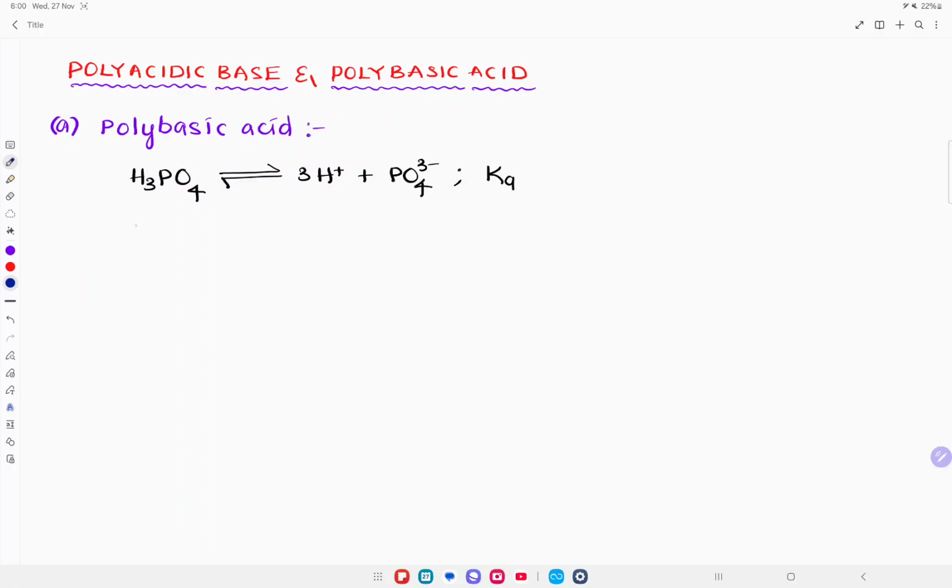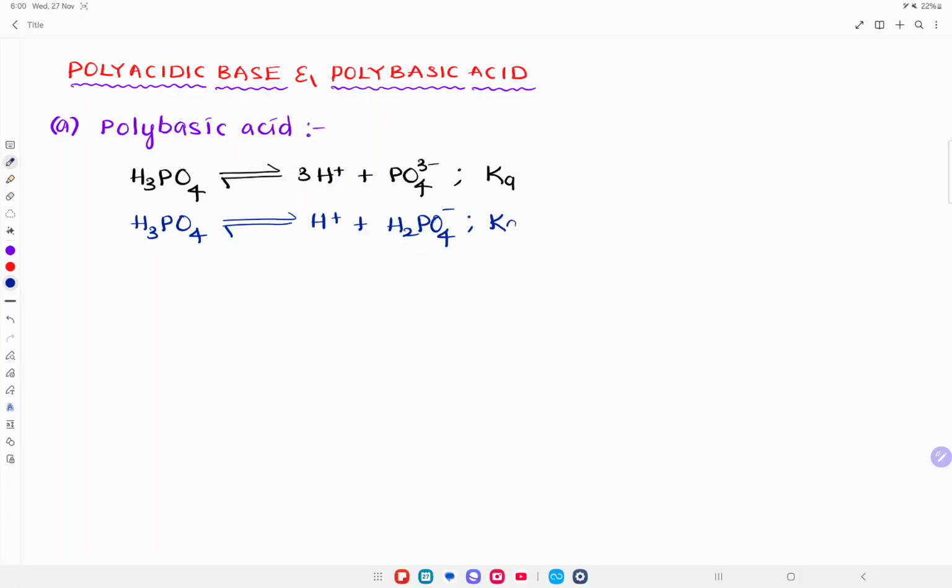So this acid dissociation may take place in different steps. That is, H3PO4 in one step produces only 1 H plus ion and gives dihydrogen phosphate ion, H2PO4 minus ion.